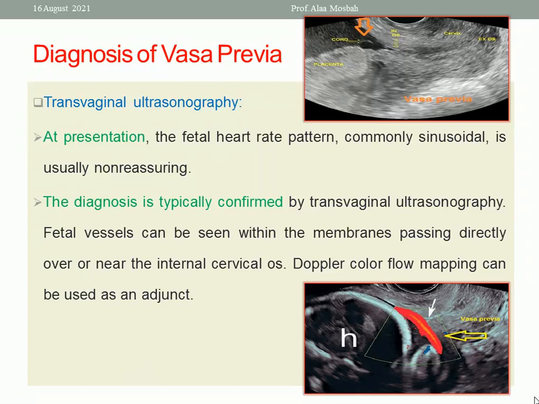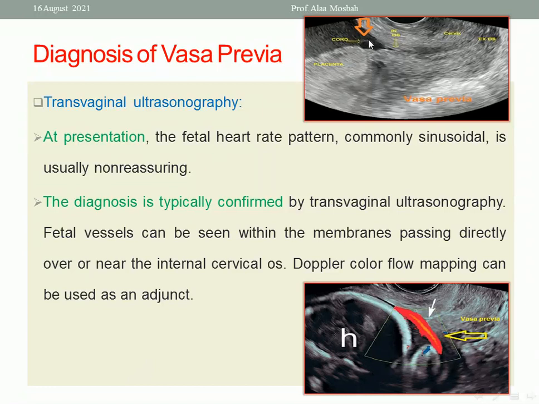What is the method of diagnosis? If you remember today, we diagnosed placenta previa with ultrasound, accidental hemorrhage or placental abruption with ultrasound, also Vasa Previa with transvaginal ultrasonography, as in this picture. This is the umbilical cord, the cord here, and this is the placenta, and this is the umbilical cord.